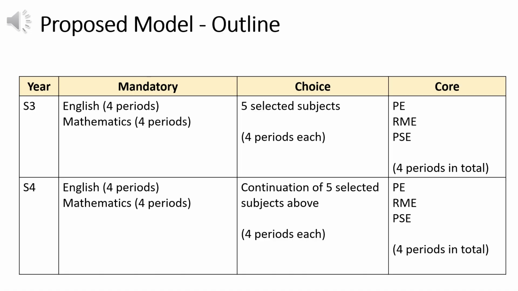You can also see across S3 and S4, the period allocation for all subjects is 4 periods per week, which is a change from the current model. And in S4, in the proposed model, this would be a continuation of the subjects that a young person has studied as part of their S3 experience.